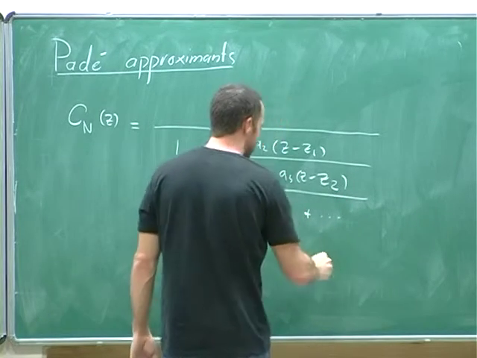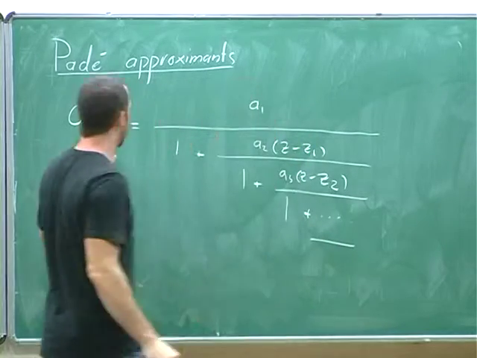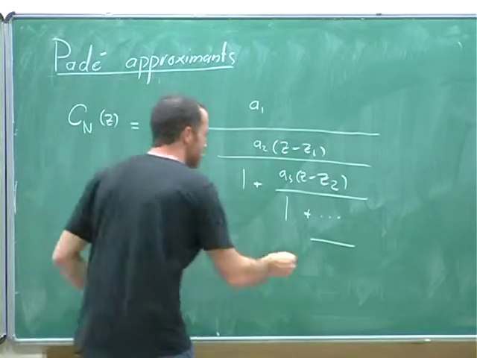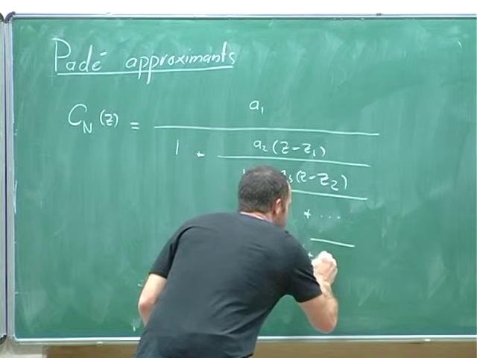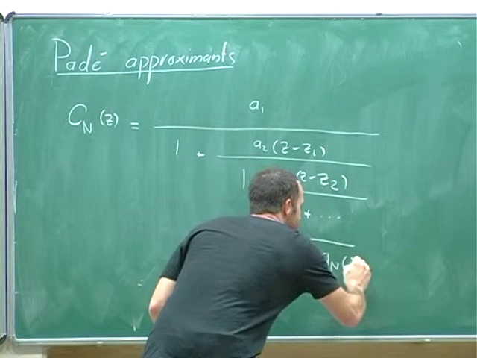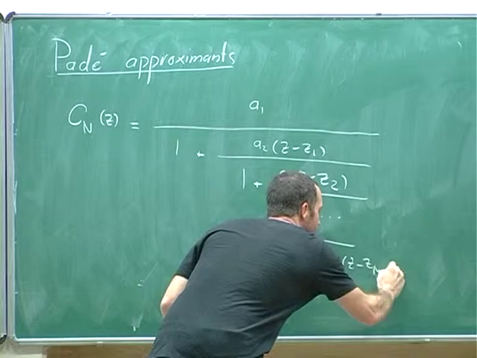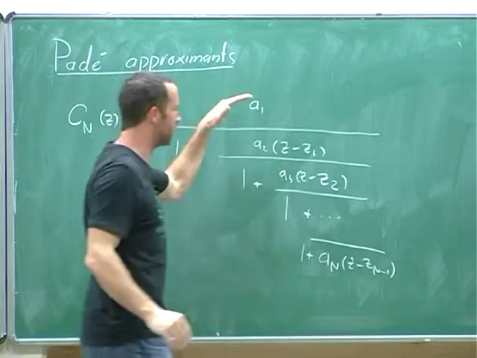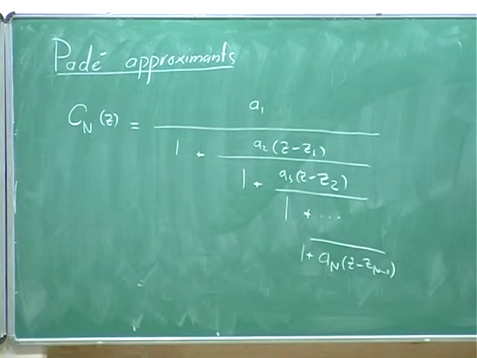I go all the way until I reach the nth level, which ends up with 1 plus a_n times (z minus z_{n-1}). It's just the last level of this staircase.